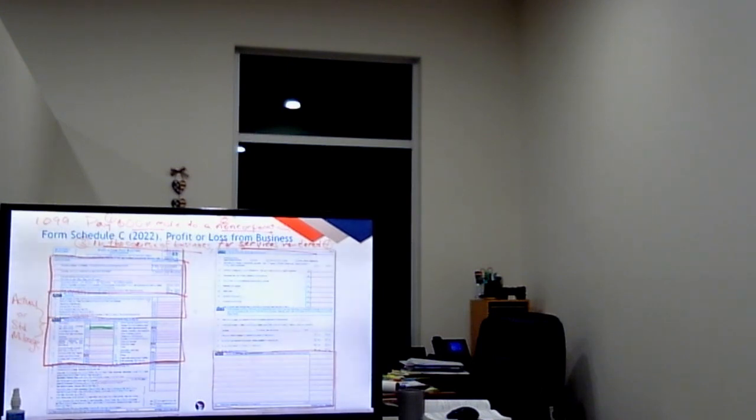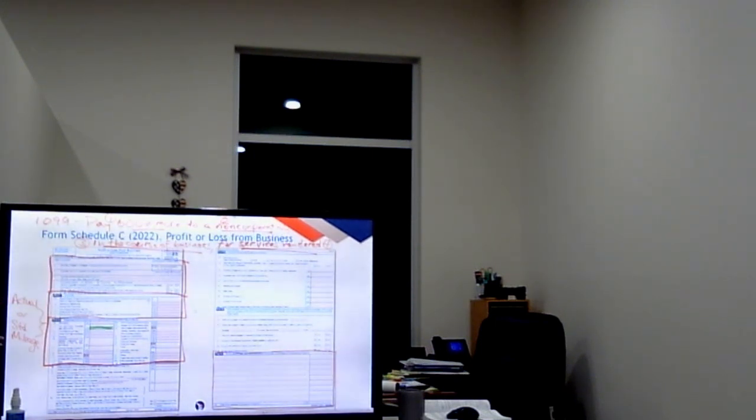Actual expenses means whatever you spent on that vehicle: fuel, tires, maintenance, car washes, insurance, oil changes, and I'm sure I'm leaving a bunch of stuff out. Depreciation of that vehicle would also be part of your actual expenses.